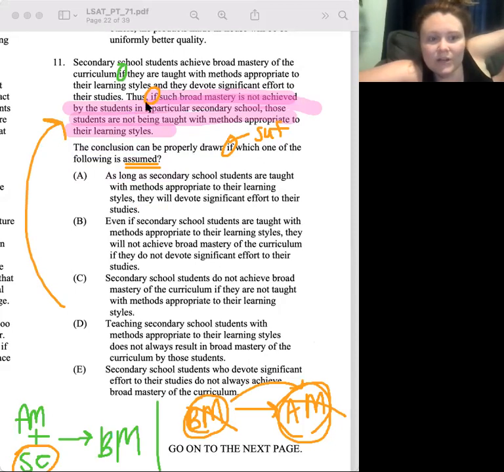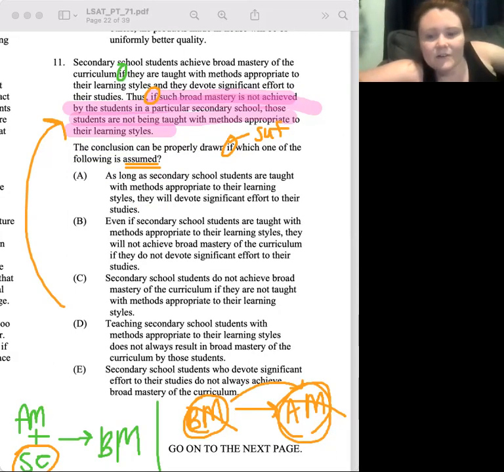So what did you predict here for what would guarantee that if broad mastery didn't happen, it must have been because the appropriate methods weren't used? I was looking for something about the effort. If everybody gave significant effort, then we know it was because there weren't appropriate methods used.